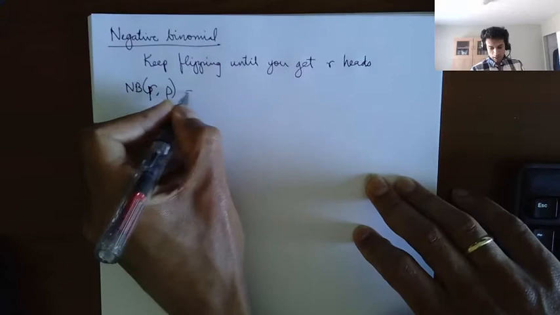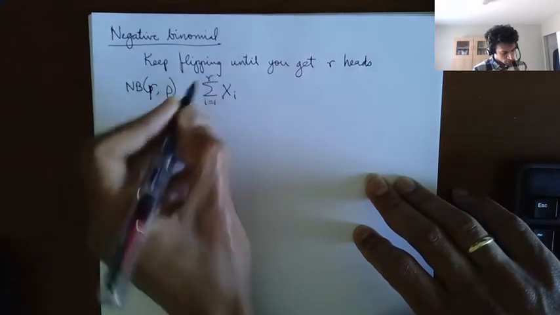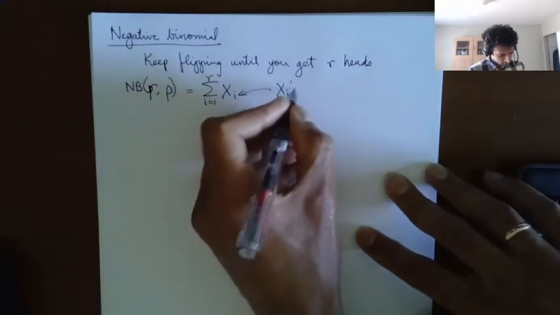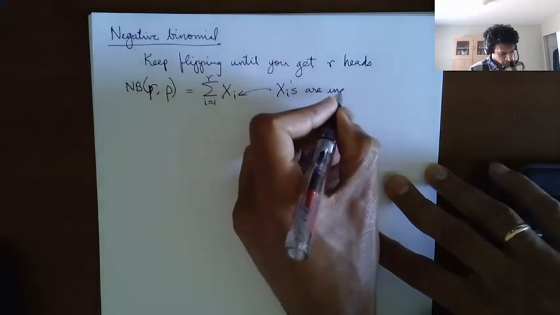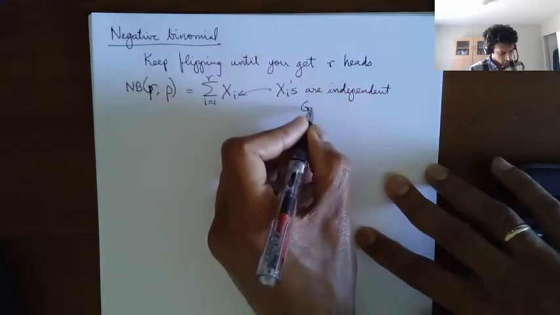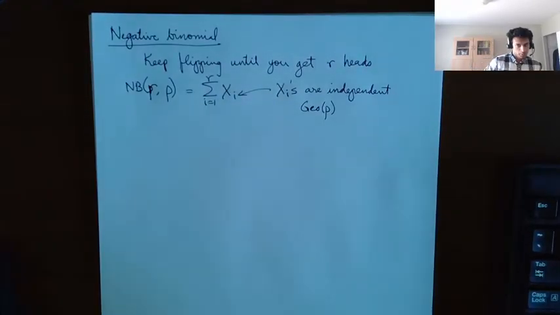You can think of this as the sum of X_i, i going from 1 to r, where the X_i's are independent geometric random variables with parameter p. So you keep flipping until you get r heads.